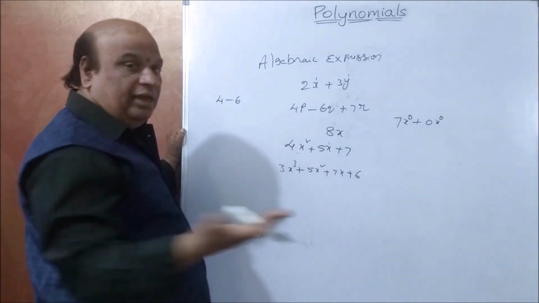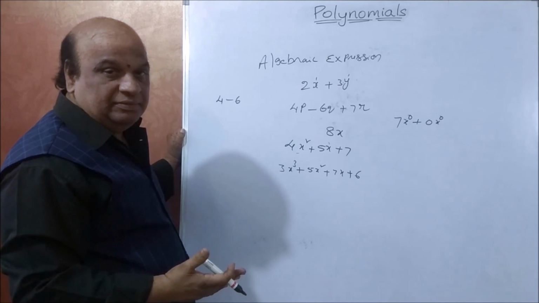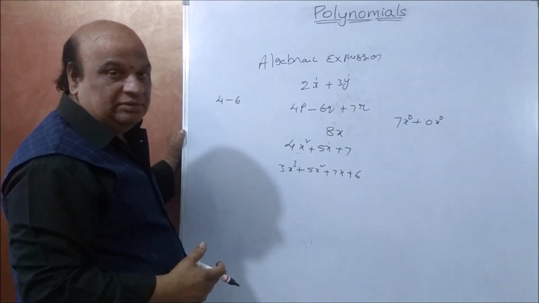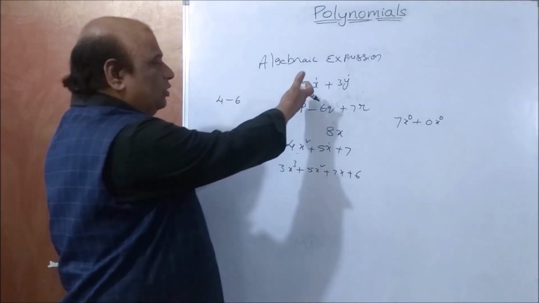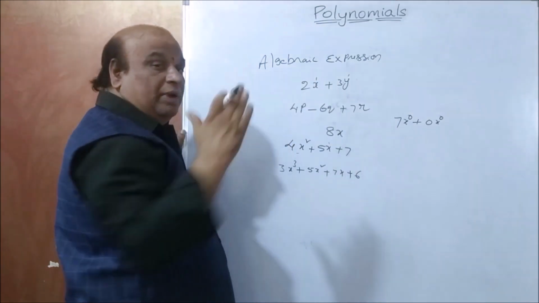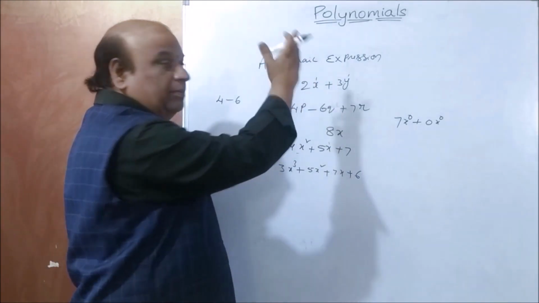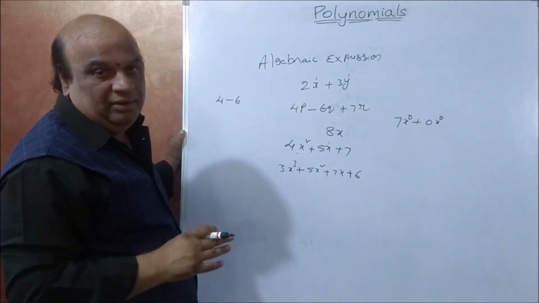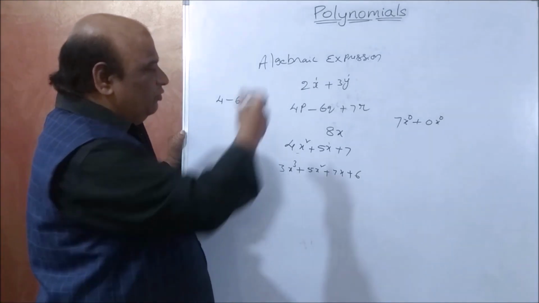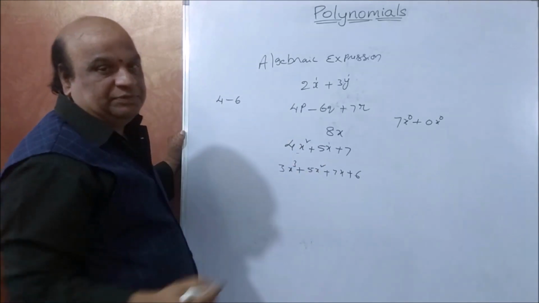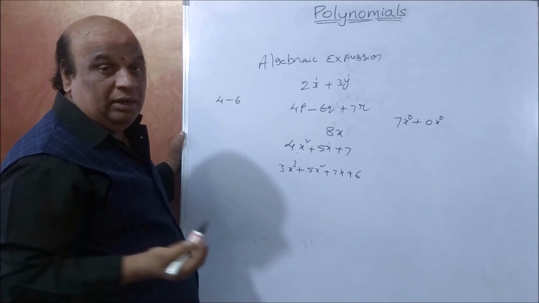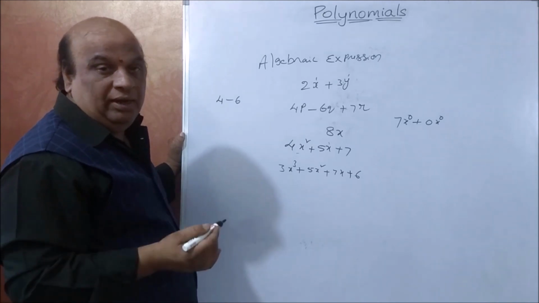Here this is a second degree algebraic expression. This is a first degree algebraic expression. It is also a first degree algebraic expression, but you have to mention the name. It is a first degree binomial. Understood? Like this, we can define the algebraic expressions: monomial, trinomial, binomial, multinomial.